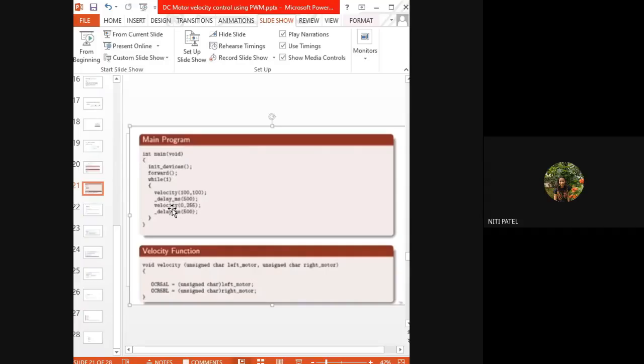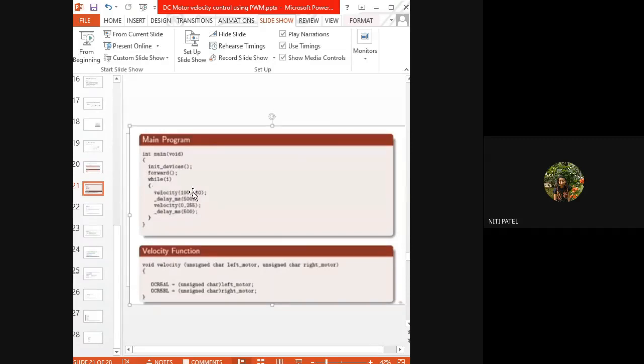Only 0 to 255, because that timer can count how many counts? If it is 8 bit, it can count only 0 to 255. Do you remember that? अभी हमने जस्ट देखा ना कि अगर 8 बिट में और अगर फास्ट मोड में है तो टाइमर कितना काउंट कर सकता है? 0 to 255 ही काउंट कर सकता है.